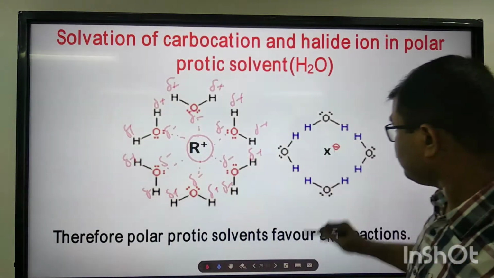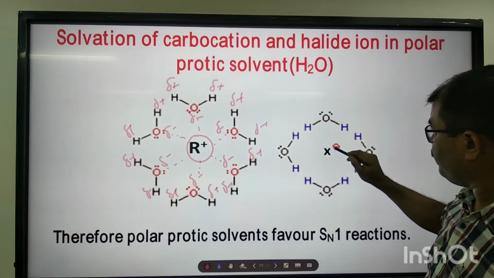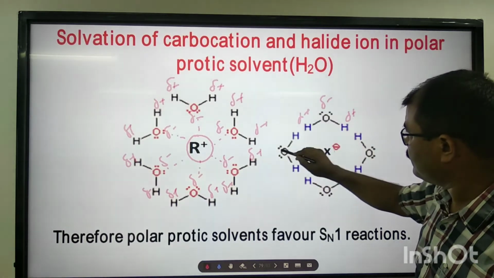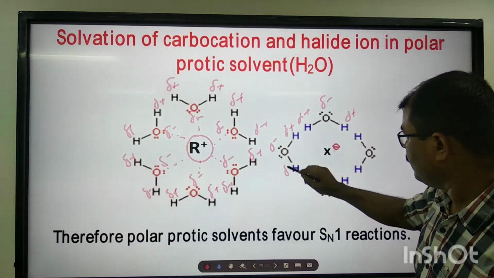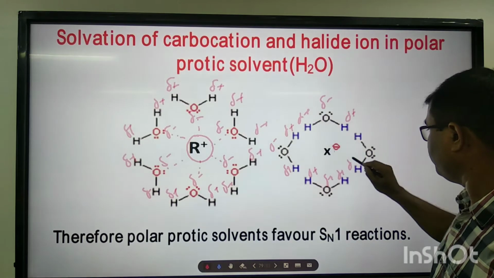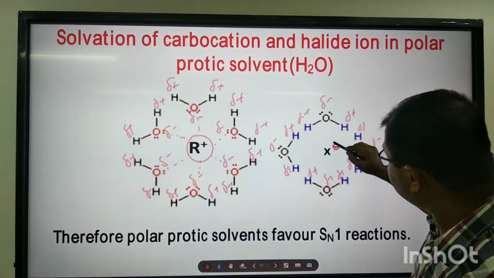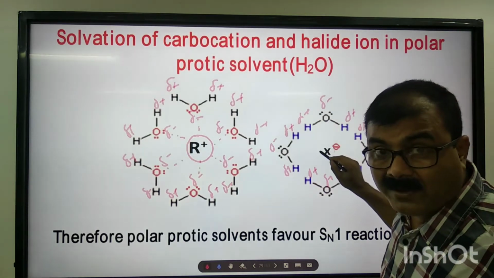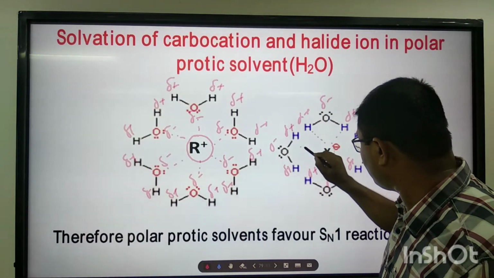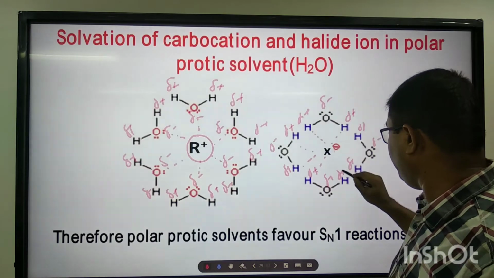Similarly, here you see the halide ion, X minus ion. Here it is delta minus, delta plus, delta plus, delta minus. This halide ion is the negative ion, the anion, and there is an attraction between X plus and X minus.